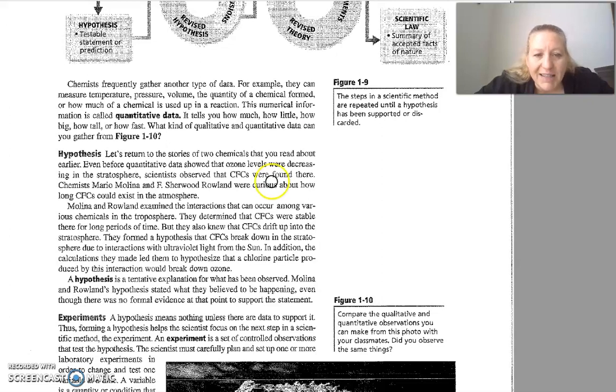So again, here is a vocab definition for us. A hypothesis is a tentative explanation for what has been observed. Molina and Rowland's hypothesis stated what they believed to be happening even though there was no formal evidence at that point to support the statement.